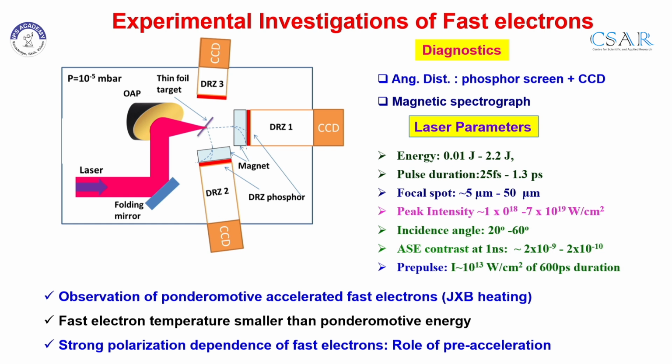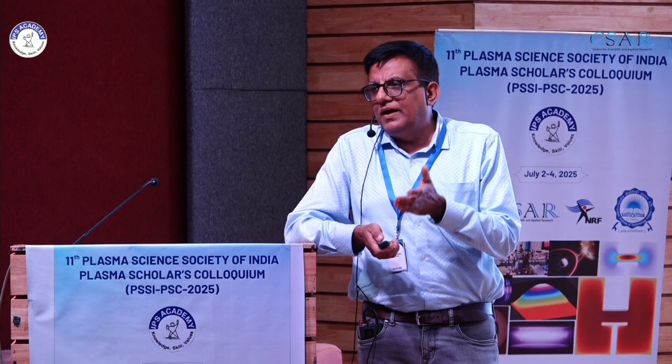These are a few observations in my lab. We have demonstrated for the first time the ponderomotive accelerated fast electrons, which is a clear-cut signature of J cross B heating. The other thing we observed is that the temperature is much less than the ponderomotive energy. In my initial slides, I tried to impress upon you that the ponderomotive energy, the cycle average kinetic energy, becomes very high.